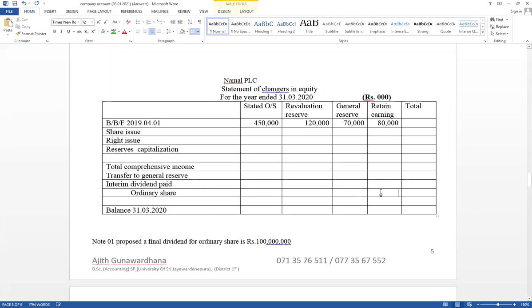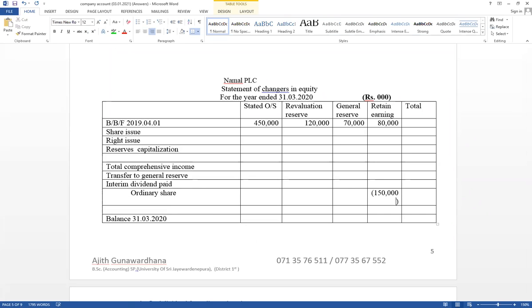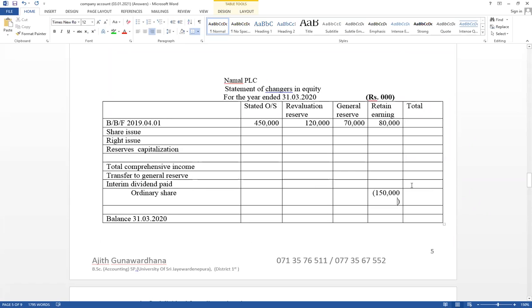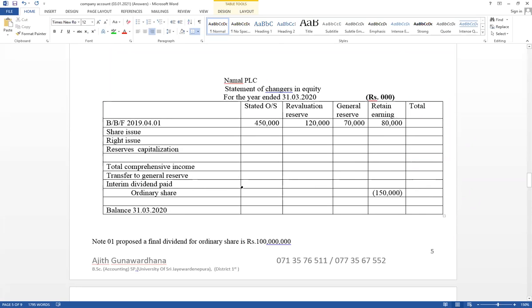This line. Therefore, here within brackets 150,000 as dividends paid. Dividends paid during the current period. It is available in the trial balance. Cash account credit, dividends account debit. They were double entry. And that value should be deducted from the total column also, 150,000.